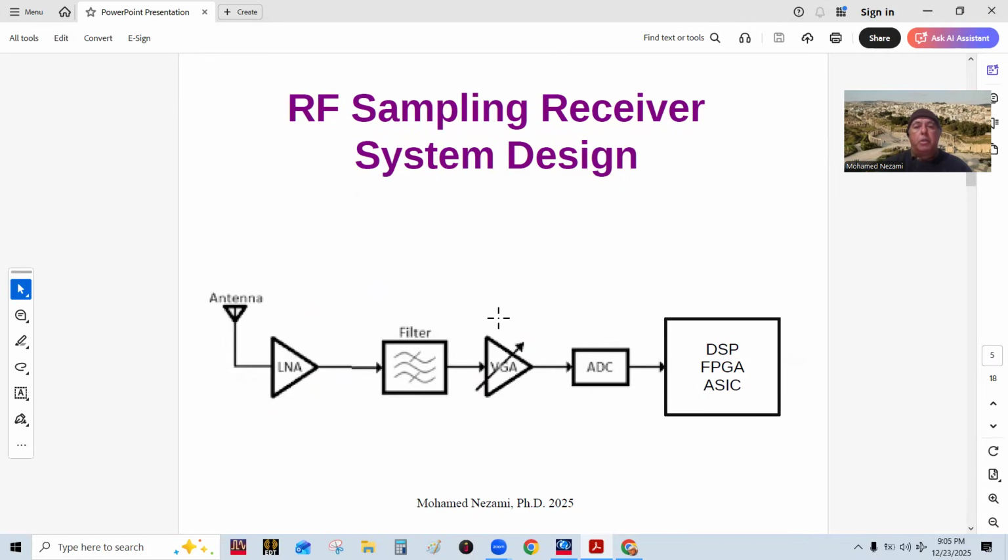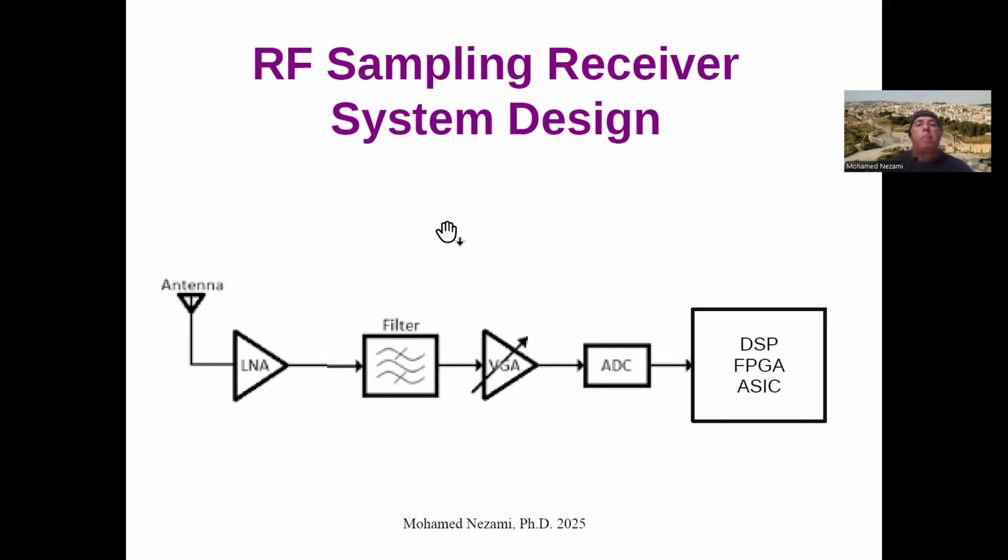So this is the block diagram I have been using. Basically, we've got an RF signal that comes into the antenna, and then all we have is a high-speed A to D that samples an RF signal that has been only amplified and filtered.